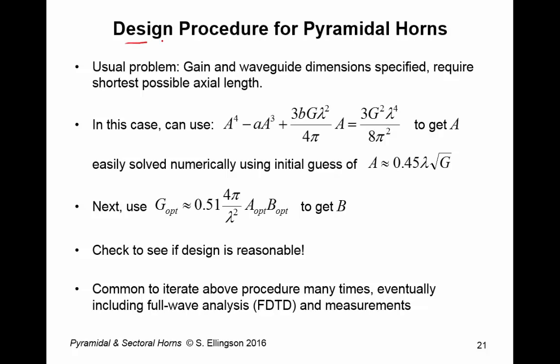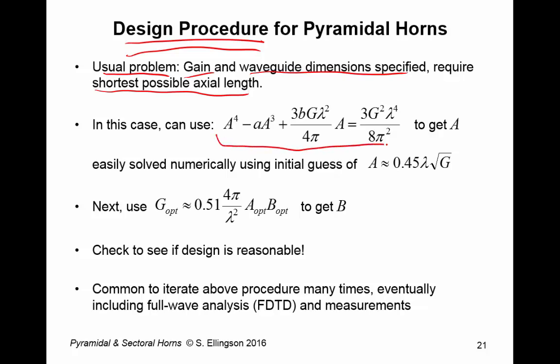So here is the procedure. Previous slide was just setting this up. The usual problem that we have is that the gain of the horn and the waveguide dimensions are specified, and someone would like to design a horn with the shortest possible axial length. Now for this we have an empirical expression.